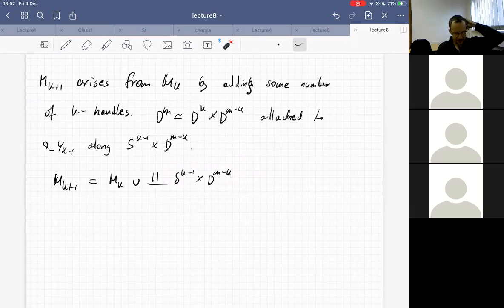Is it clear that it's the disjoint sum and that they don't intersect? That's intuitive, but I'm not sure why it is so formally.